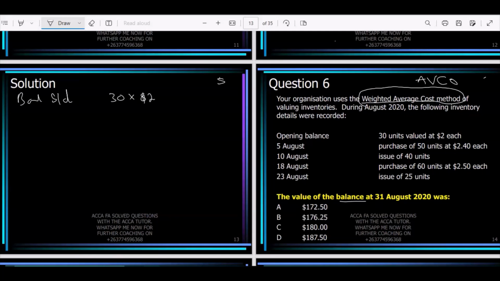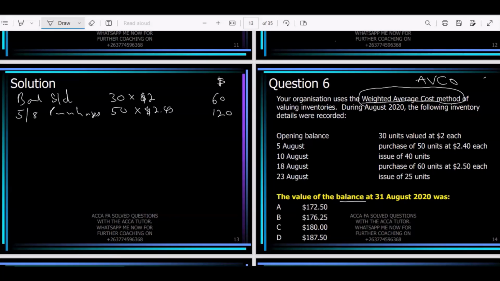So we are having $60 worth of inventory at the start of the period, and then on 5 August we purchased 50 units at $2.40. If we use our calculators, we must get something like 120.